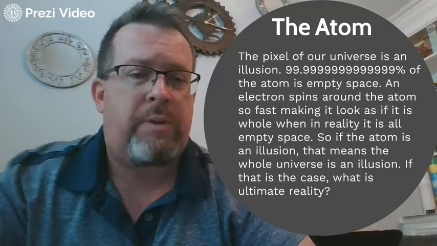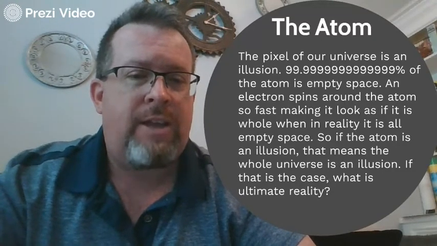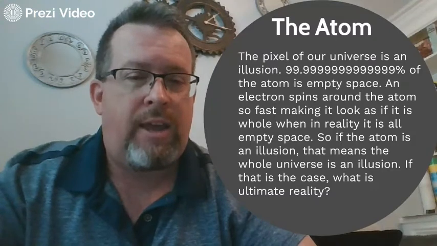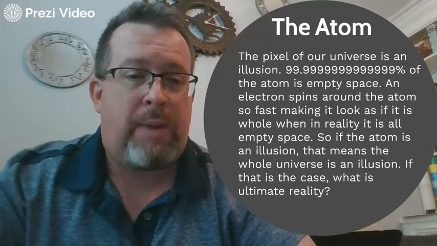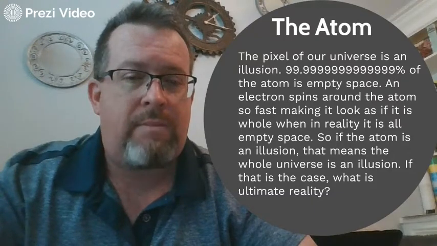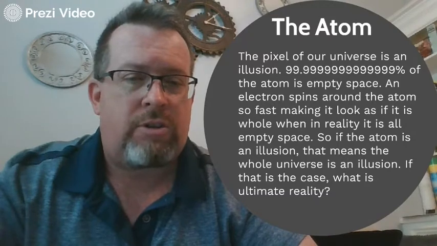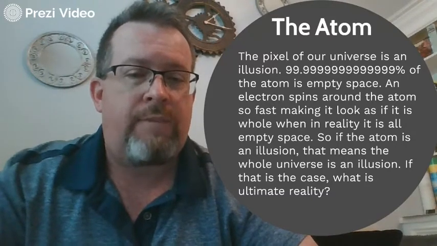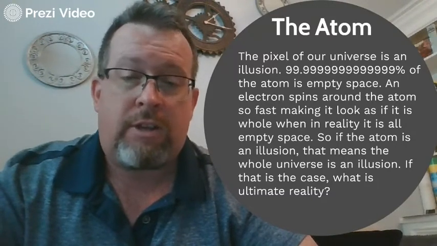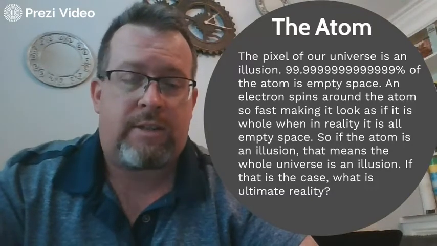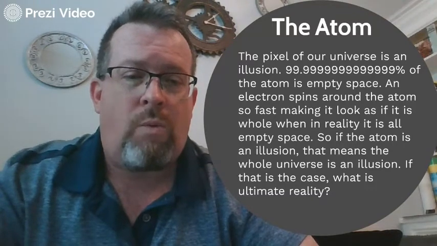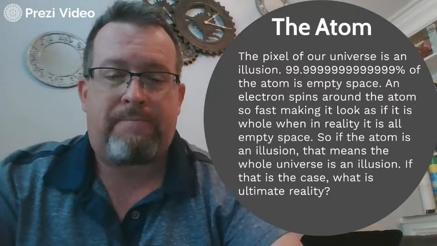An electron spins around the atom so fast, making it look as if the whole thing is a solid ball, when in reality, it's empty space. If an atom is an illusion, that means the whole universe is an illusion. If the pixel of our universe is an illusion, then the whole universe is. So what is ultimate reality?